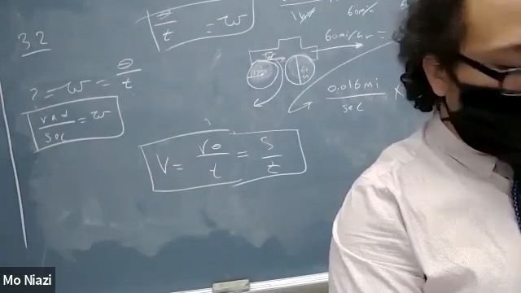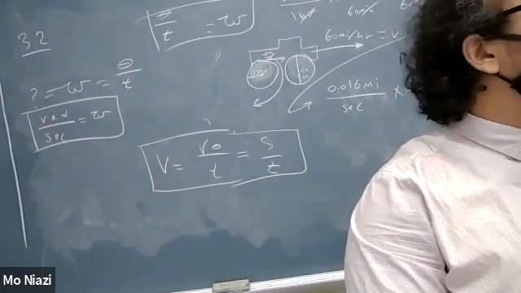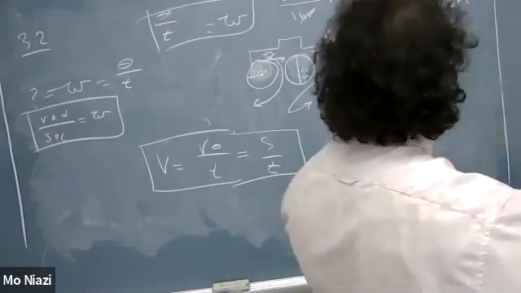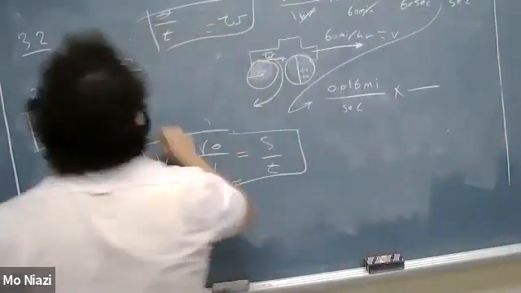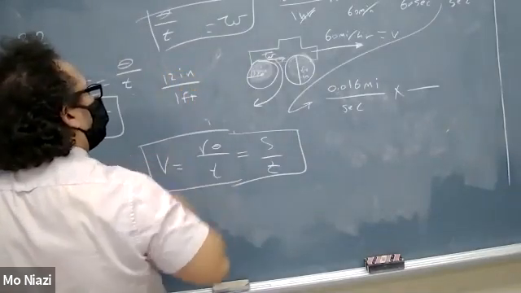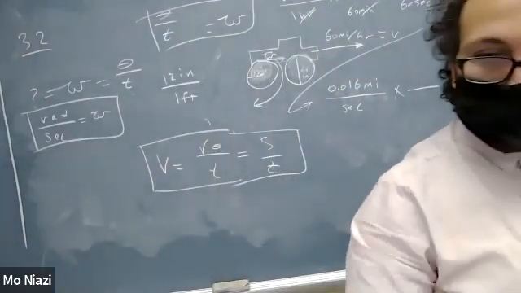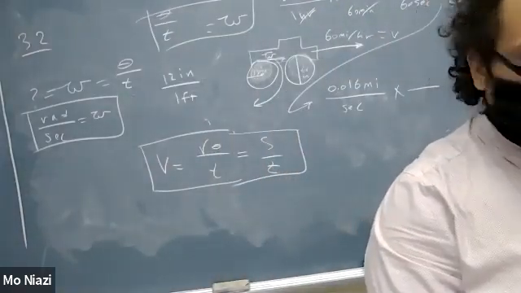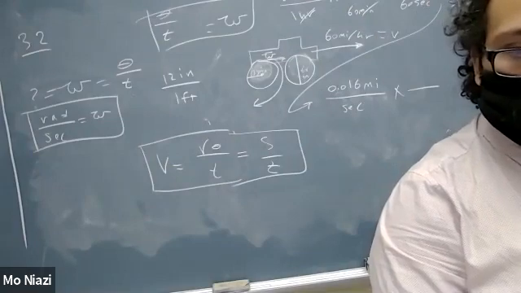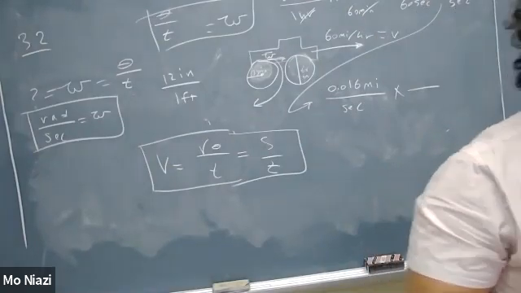How many? So 12 inches in a foot, right? Is this right? 12 inches in 1 foot? Okay. So how many feet are in a mile? Does anybody know? 5,280.